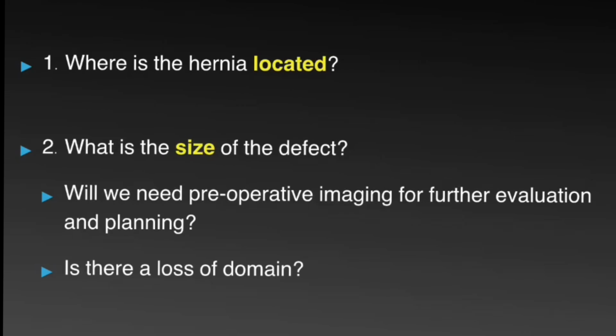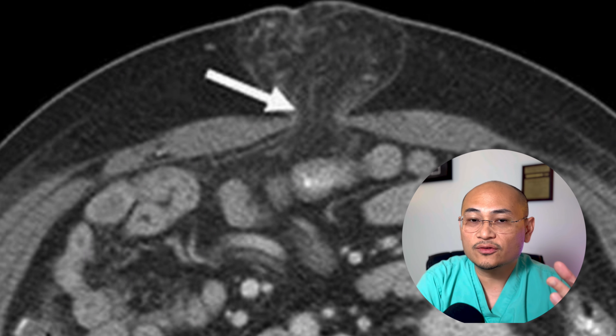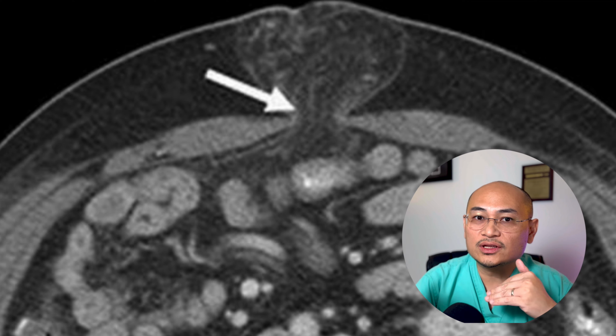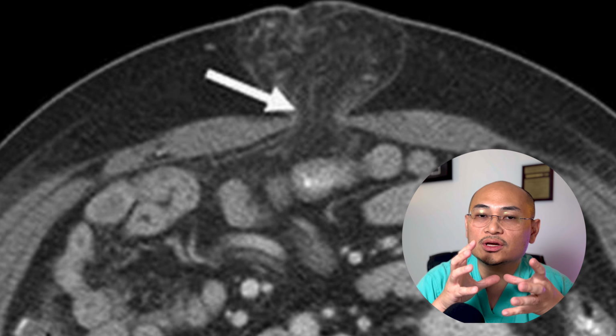What are the other things that we need to know when describing a hernia? We need to know the size and location. For the size, what we're measuring is the actual fascial defect, meaning edge to edge of the dimensions where the hernia protrudes. Sometimes it's very difficult to measure, and that's why I utilize imaging for something more complex to measure this defect.